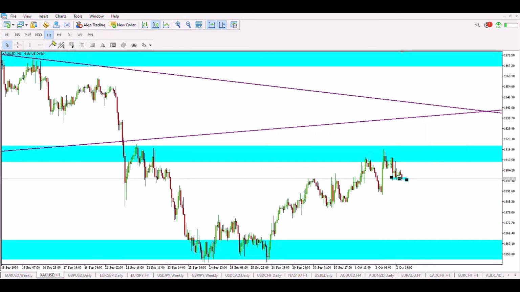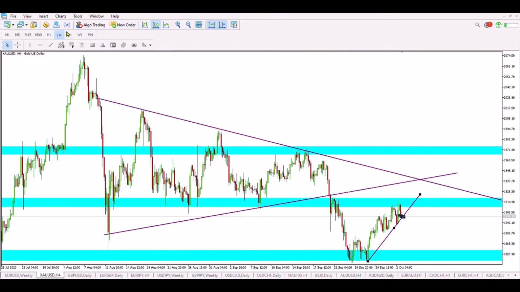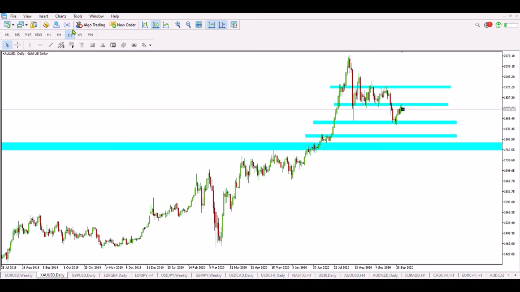So what I personally expect, if we are already breaking this trend line or this trend happening right here, if we break it, we can see a push to the downside to these previous highs over here and lows back here, or to the support zone on the daily chart. 4 hour, daily.